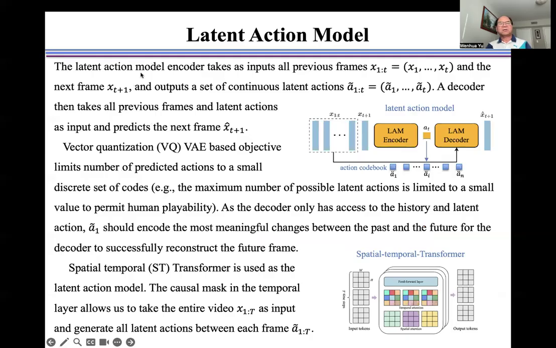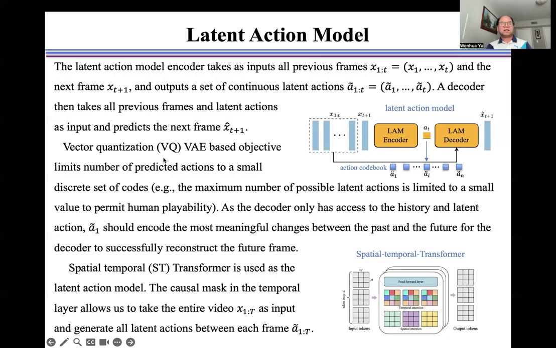The latent action model encoder takes as input all previous frames x1 to xt and the next frame xt+1 as shown here, and outputs a set of continuous latent actions a1 to aT tilde. A decoder then takes all previous frames and latent actions as input and predicts the next frame xt+1 tilde as shown here.